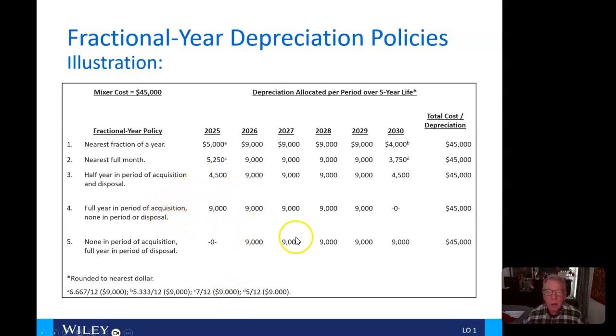Under Delta here, where are you, Delta? There you are, $3,750. We calculate that by taking 5/12 of $9,000. And so you can see that we can't increase the total depreciation. In total, it cannot exceed the $45,000.